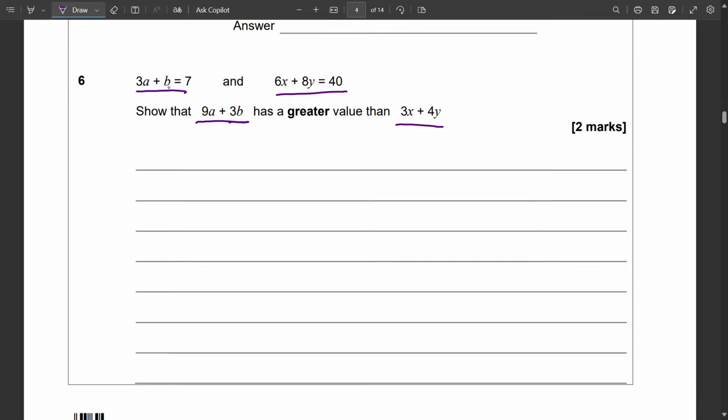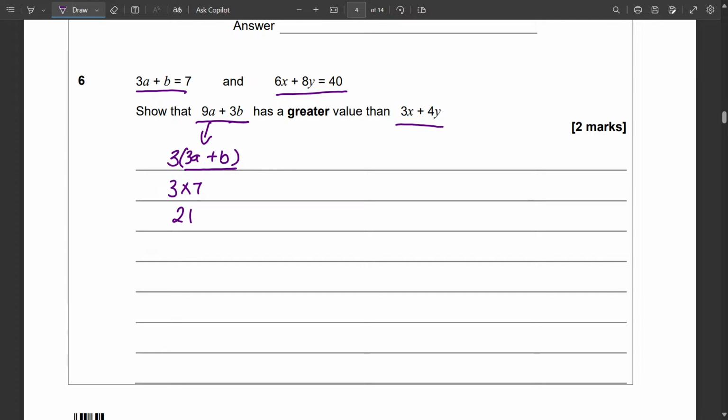If 3a plus b is 7, then we can write this as 3 times (3a plus b). Remember, if you do that, that gives you 9a plus 3b. And we know what that is: exactly 7. So we just need to work out 3 times 7, and that gives you 21. So 9a plus 3b gives you 21.